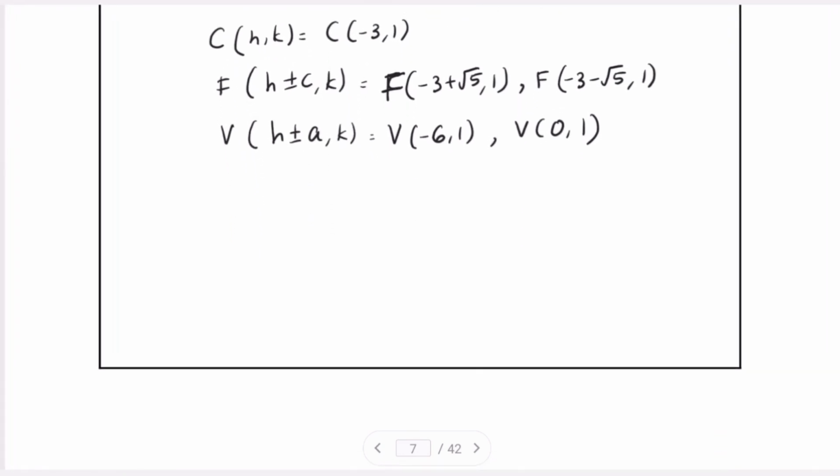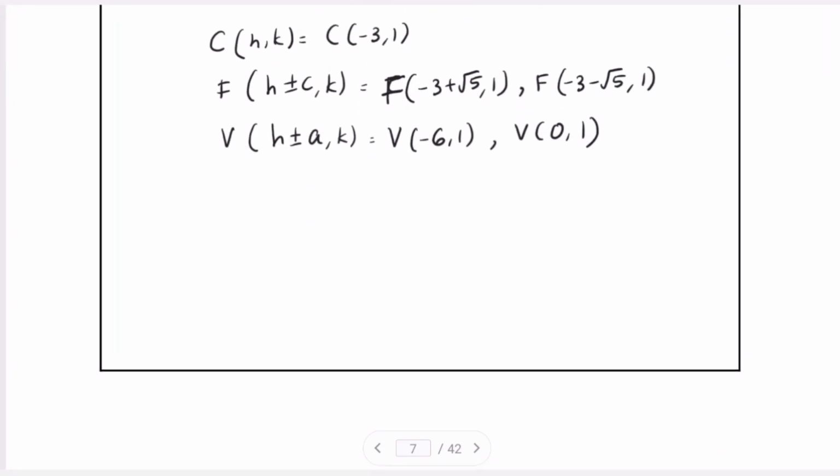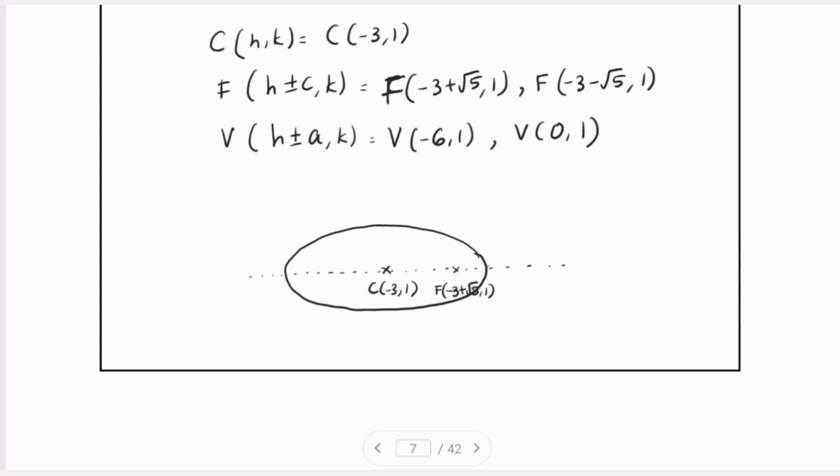Next is to sketch the graph. So we already know the shape. It's like this. You have to make sure the coordinates are aligned. So the center will be around here, (negative 3, 1). And the foci is here, (negative 3 plus root 5, 1).